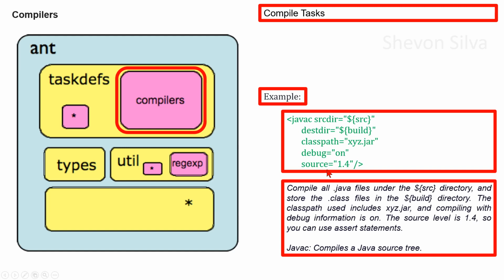If set to true, the value of the debuglevel attribute determines the command line argument. Here you can see the source attribute, the Java language features accepted by the compiler as specified by the -source command line switch.